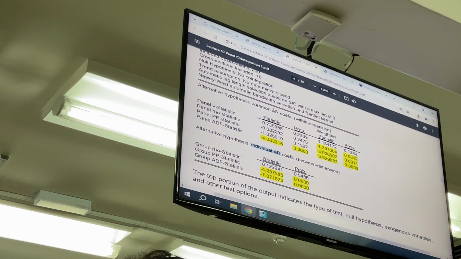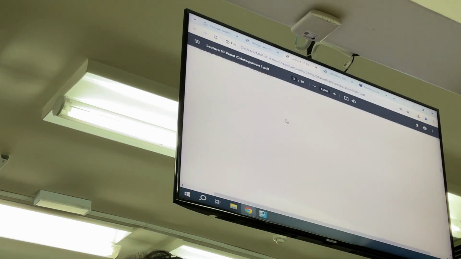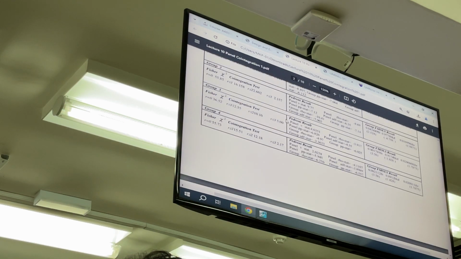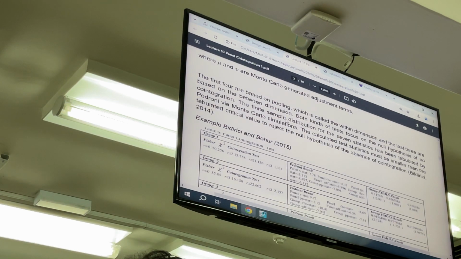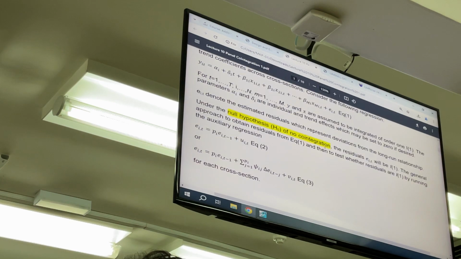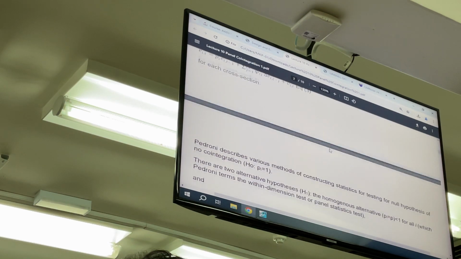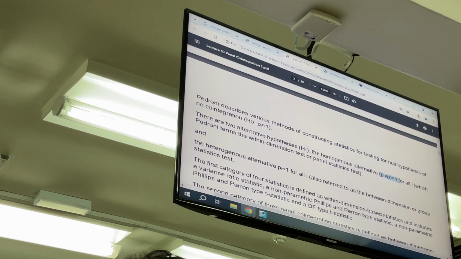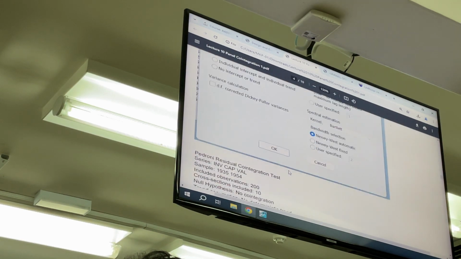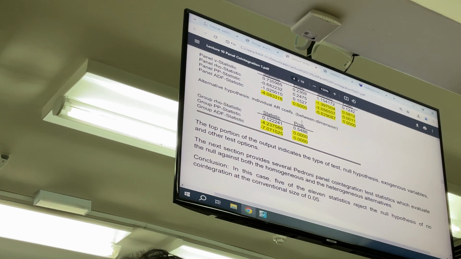So autoregressive, this one refers to the common coefficient, where rho equals rho i is less than 1. But this one is individual rho i less than 1, with heterogeneous as an alternative. That's why I call it between.